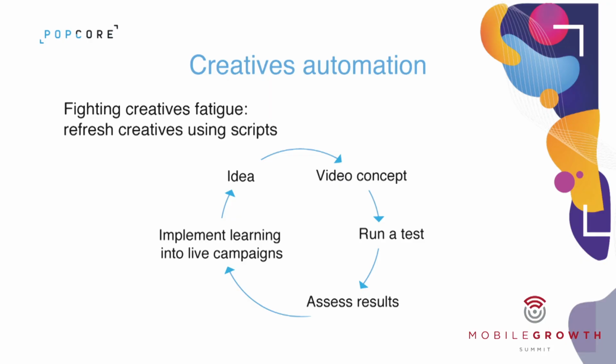Video is something we really do at scale, and this is the typical process everyone may have in their own company. So you have your ideation stage, then you create a video concept from the idea, then you test your concept, and then you implement winning creative into live campaigns.